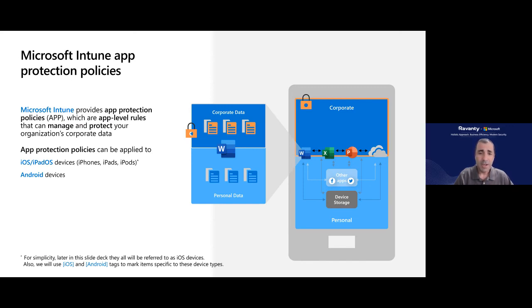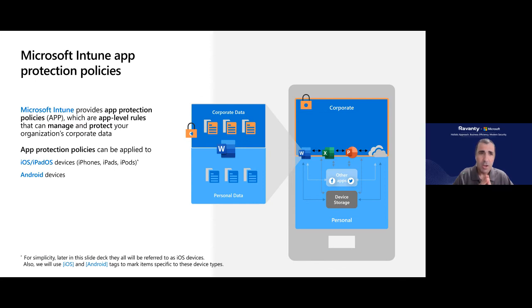Many organizations have a restriction, especially on mobile, which is where I've seen it most commonly. Many organizations say, I don't want to necessarily control the mobile device and manage a user's personal device, but at least I want to control my corporate data on the machine. That's where Intune app protection policies come into play.